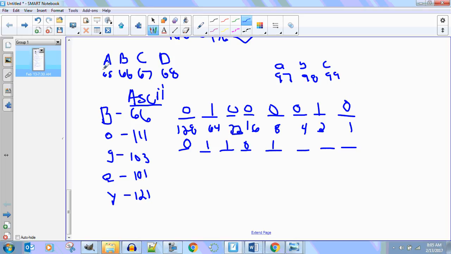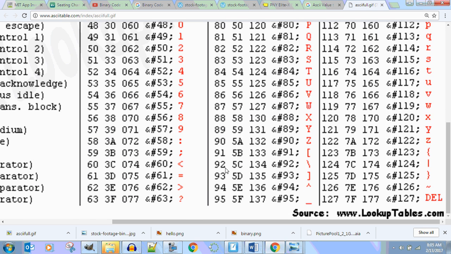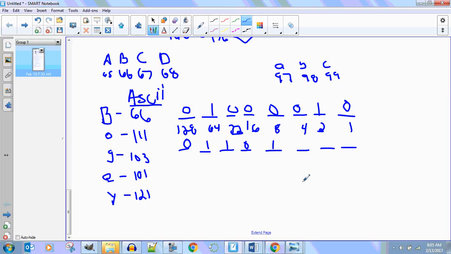No, uppercase A is 65. Check it. Is my A right? Okay, let's go back here and look. Lowercase a is 97, 98, 99. Are you with me? Lily, question. What numbers am I adding to get 111? I'm adding the 128, 64, 32, 16, 8, 4, 2, 1, just like we did in binary.